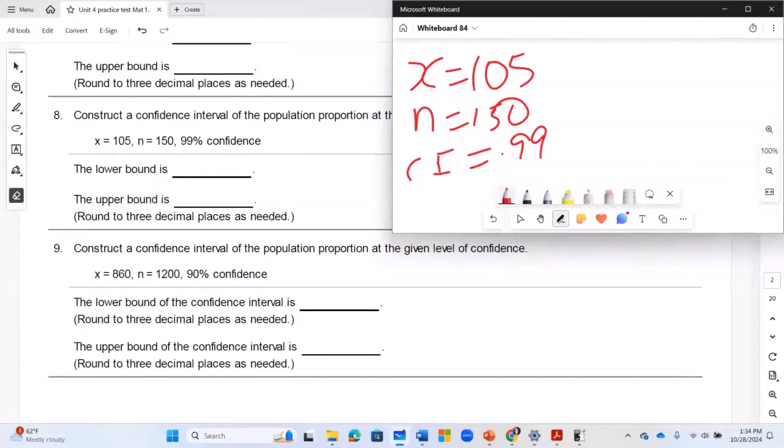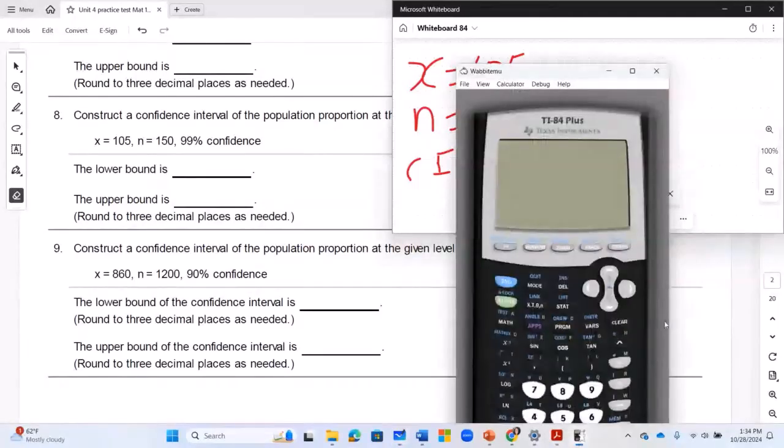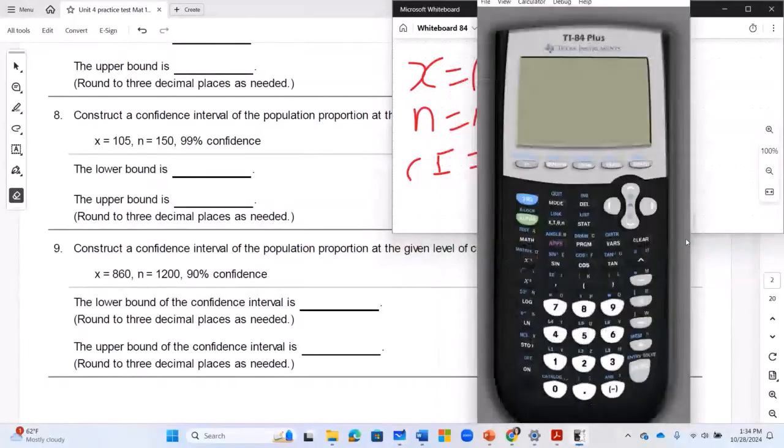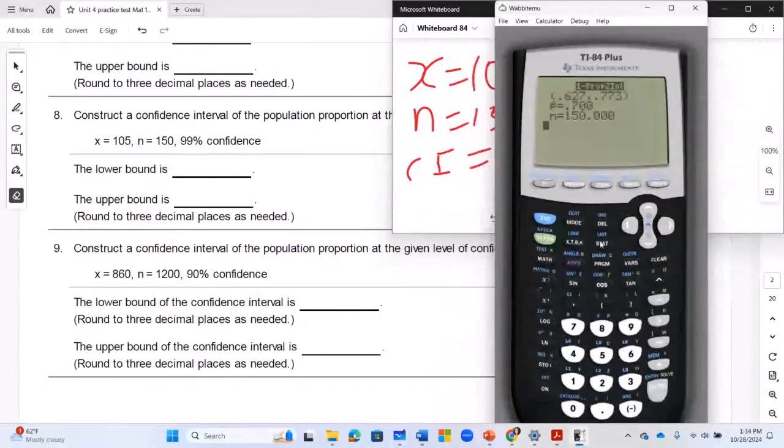So it's easy. We do what we just did before. It's really easy. So pull your calculator up, go to Start, arrow to Test, and you're looking for one prop Z interval, and that is A. So one prop Z interval is what you're looking for.